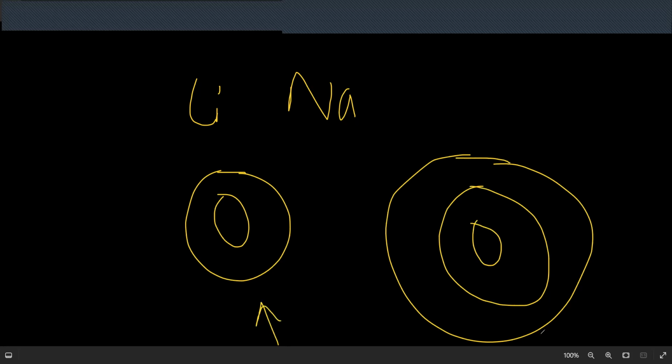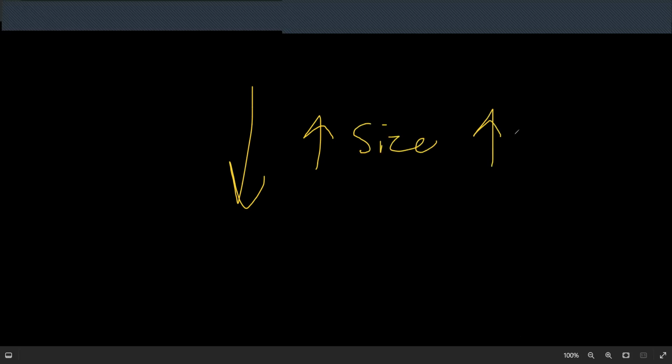I think you can get my point. Since there is more shielding effect, this will be larger. So as we go down, size increases and the number of shells increases.